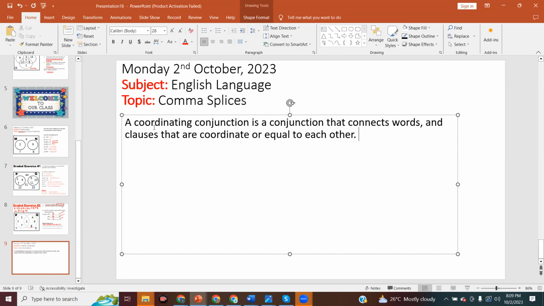For, but, and, nor. Neither is not one. There are seven coordinating conjunctions.